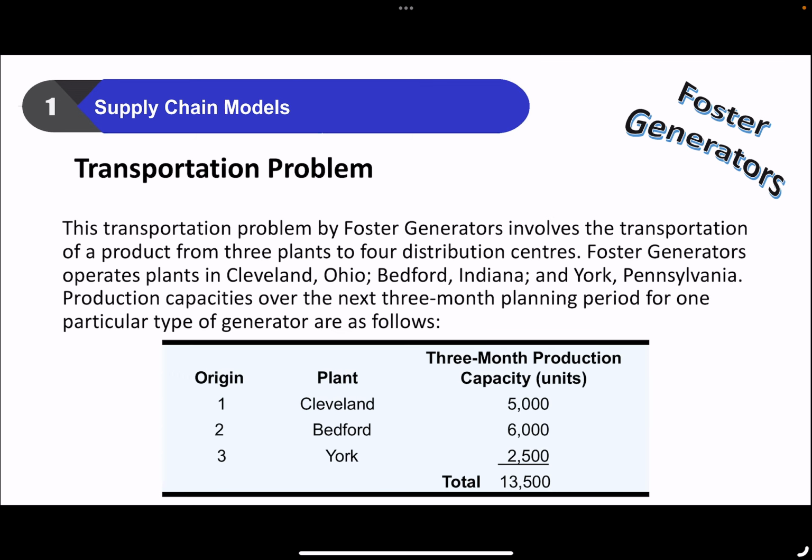Let's look at Foster Generators. This problem involves the transportation of a product from 3 plants to 4 distribution centers. Foster Generators operates plants in Cleveland, Bedford, and York.